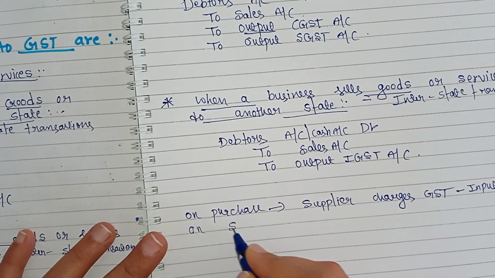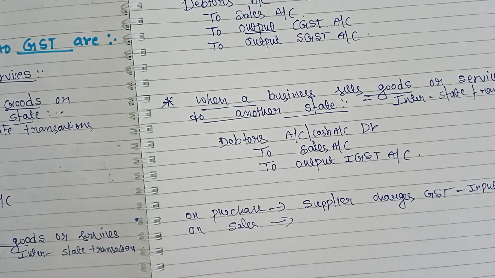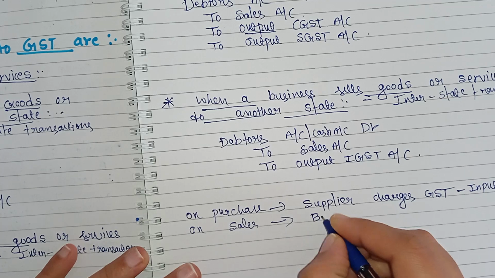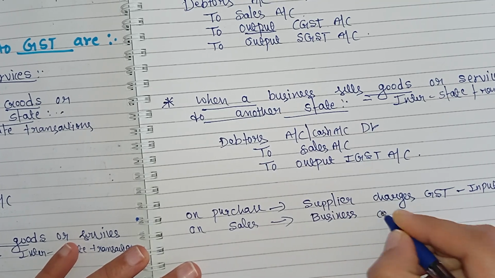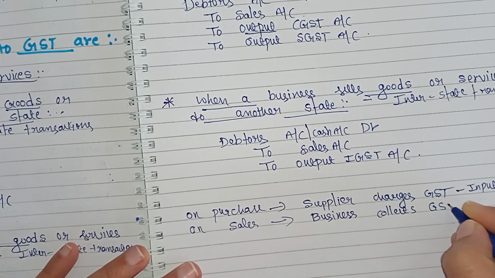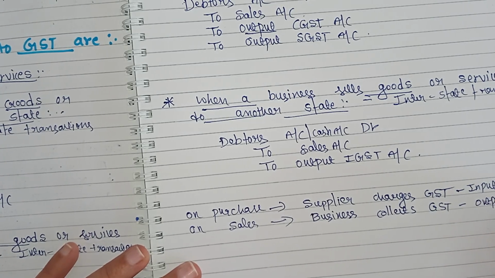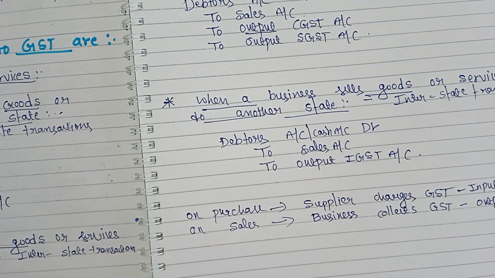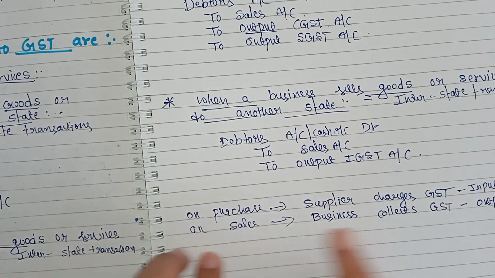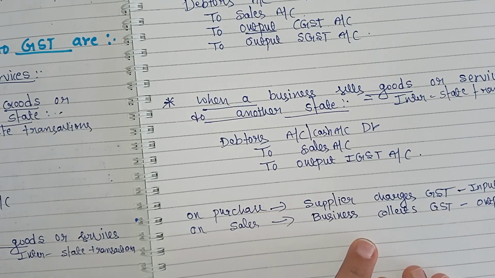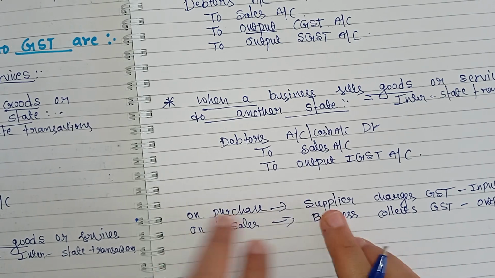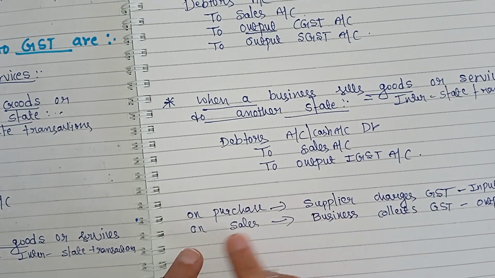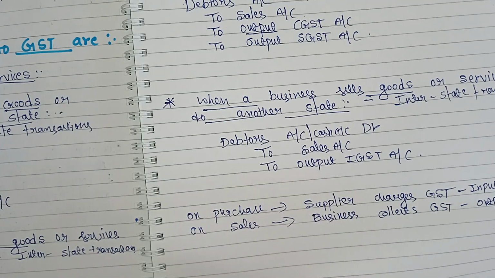And on sales, who will collect the GST? The business collects GST, that is output GST. For purchase, input CGST and SGST we need to debit, and on sales, output CGST, SGST and IGST we need to credit. On purchase, the supplier collects the GST, and on sales, the business collects the GST.